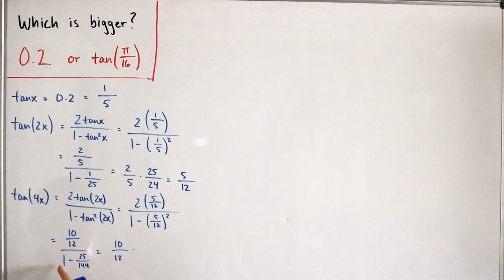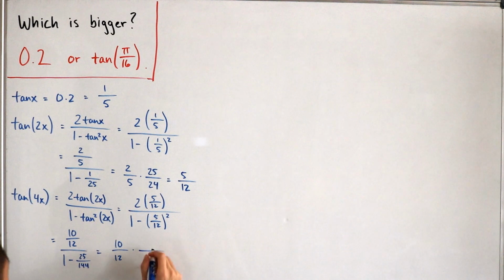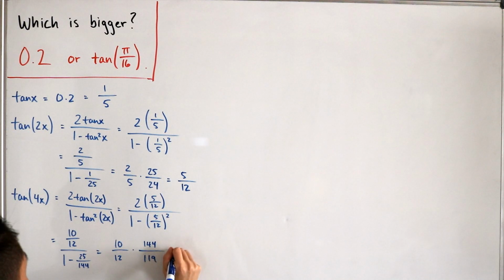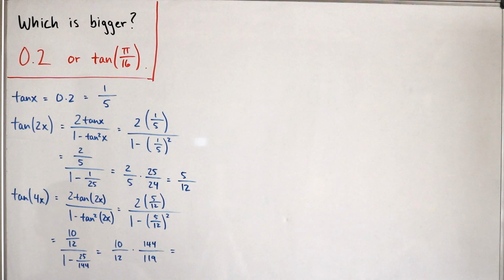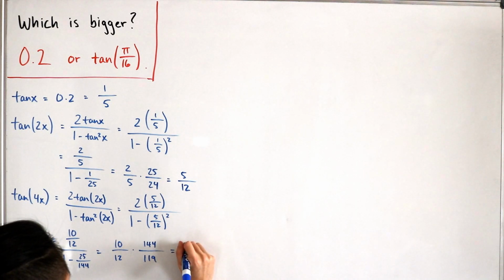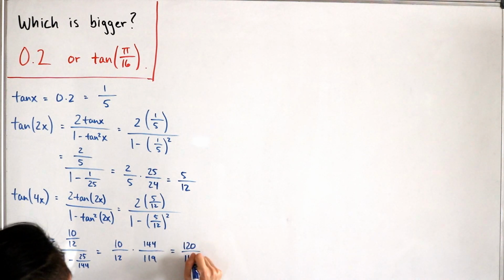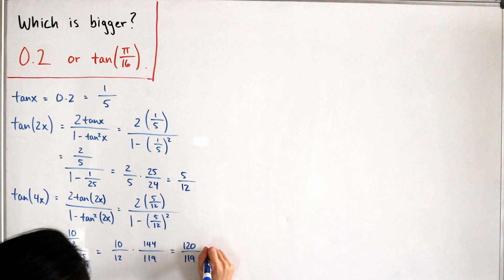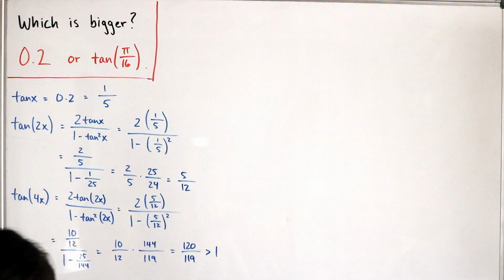On the top, 144 minus 25 is 119, so this will be 144 on the top and 119 on the bottom. If you reduce all this out, you'll get 1 and 20 over 119. But if you make a little comparison, obviously you'll see that this is strictly greater than 1.